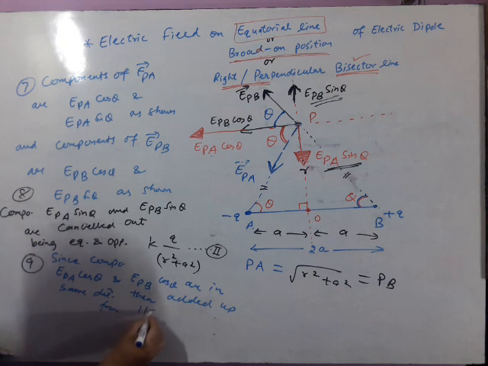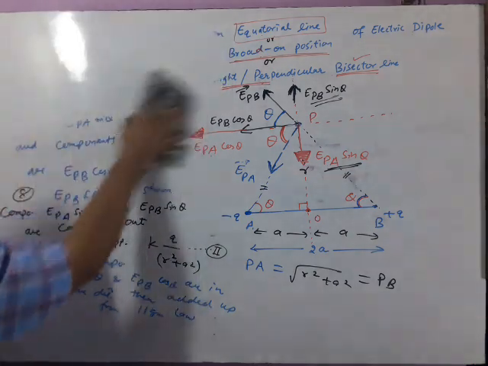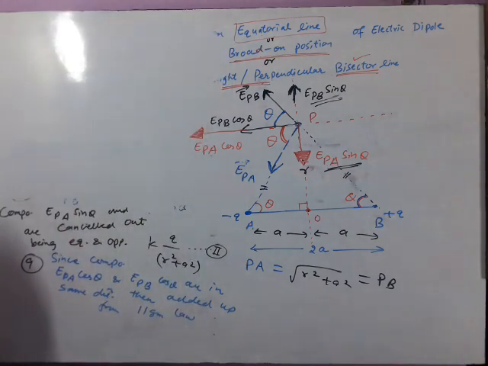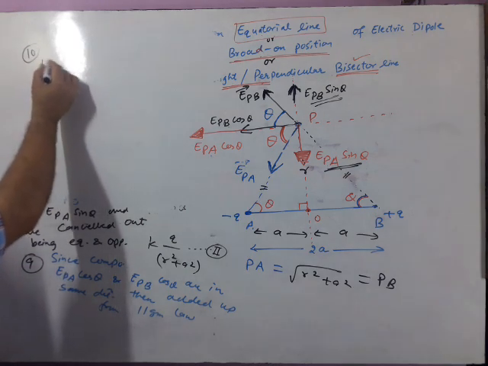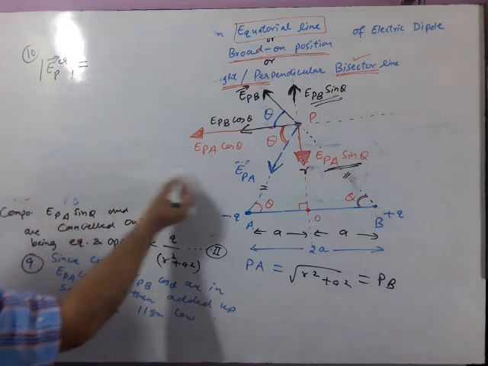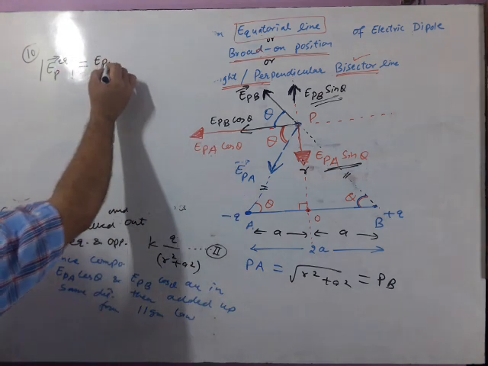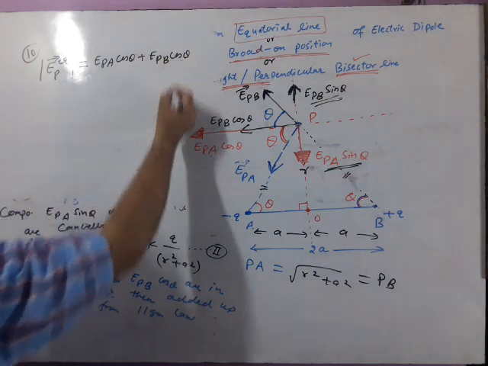From the parallelogram law, you may apply the IJK technique also, no problem. Breathe in again. Now in the 10th point you will say the magnitude of the final answer at the equatorial point is the addition of these two, EPA cos theta plus EPB cos theta.